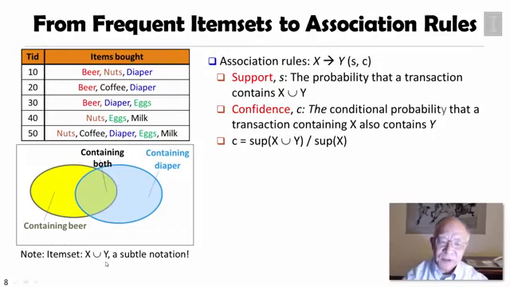But from the item set point of view, the transactions containing both X and Y, both beer and diaper, you will say this one will count. That's why we use not X intersect Y, but X union Y. If you think X is beer, Y is diaper, X intersect Y will be empty. X union Y means it contains both.